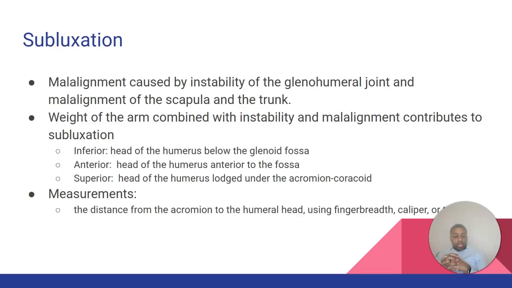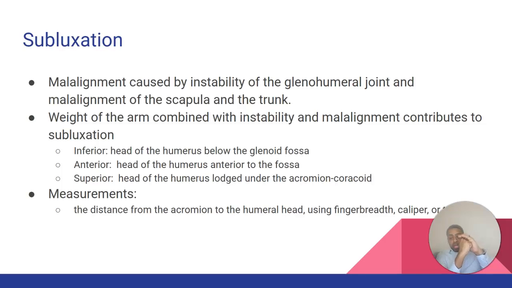So essentially, subluxation is when there is a separation at the glenohumeral joint, where there is a gap between the glenoid fossa and the head of the humerus, right? And there are three types of subluxations that can occur. The inferior subluxation is where the head of the humerus hangs low below the glenoid fossa.